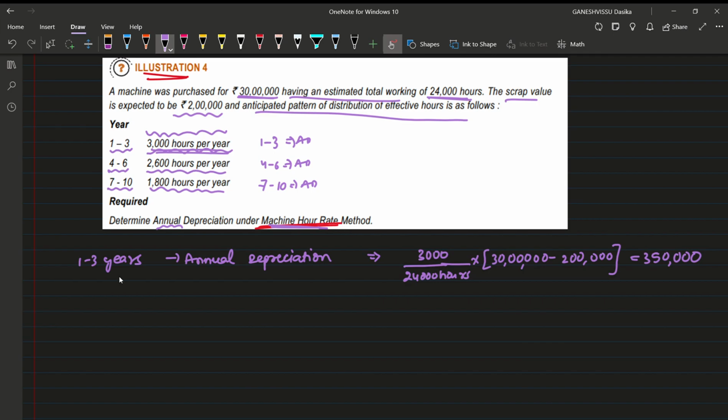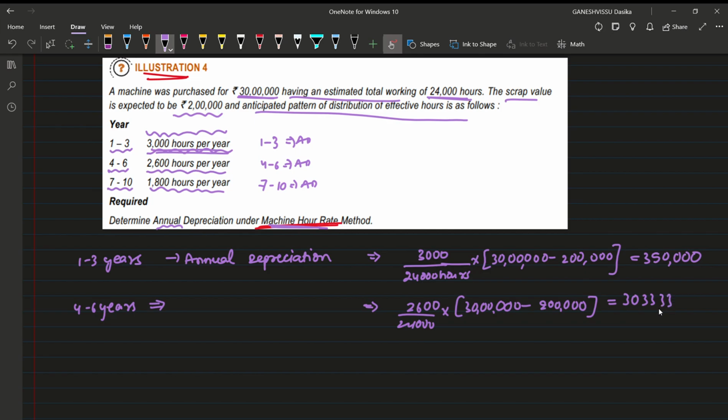Similarly, in 4 to 6 years, what will be the annual depreciation? It will be 2,600 divided by 24,000 into the same 30 lakhs minus 2 lakhs. So simply, after getting 3,50,000 for 3,000 hours, divide by 3,000 and multiply with 2,600, you are going to get 3,03,333.